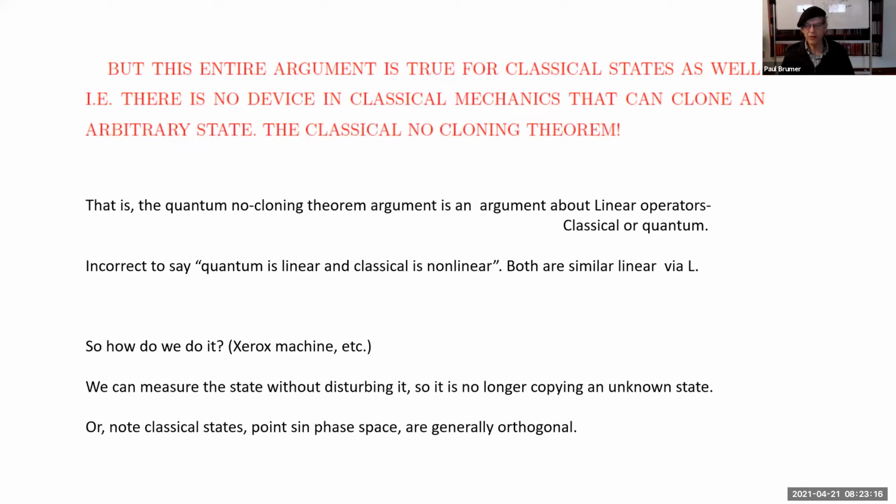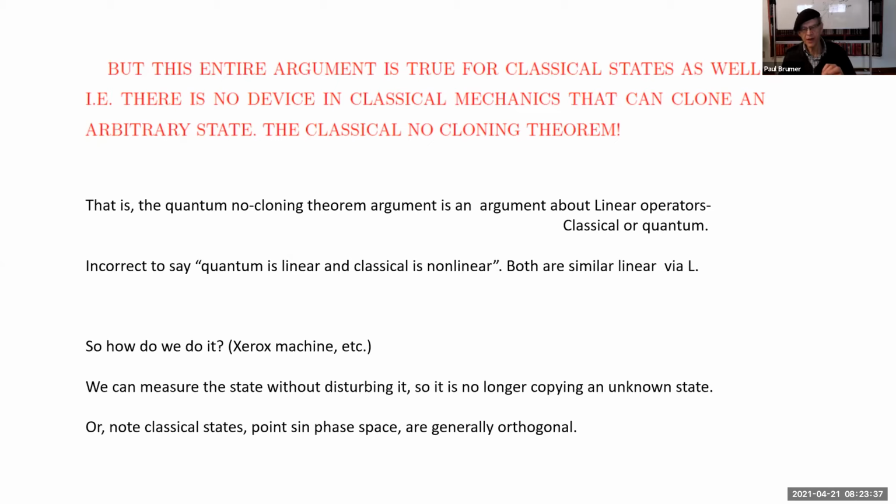So you might ask how you do it in a Xerox machine and so on. Well, the answer really is that you can measure the state in classical mechanics without worrying about disturbing it. In quantum mechanics, if you try to measure the state and find out what it is, you disturb the state. So you can't touch the state if you're going to copy it.